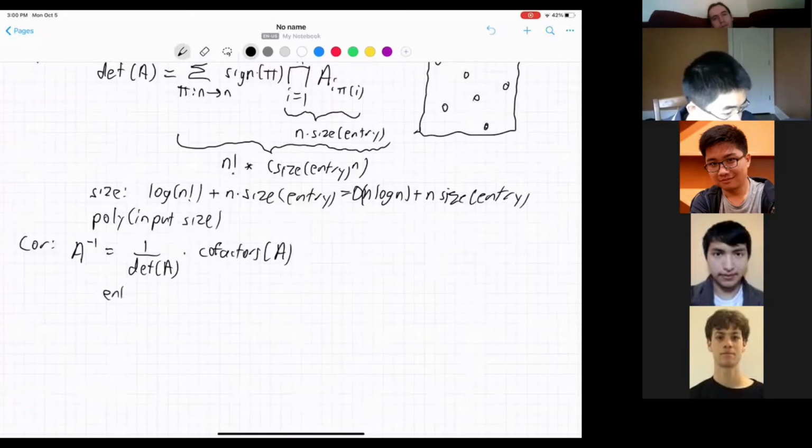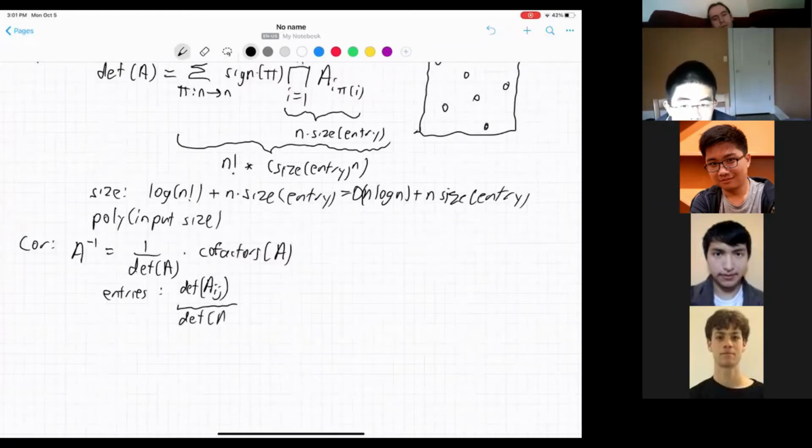Right? In particular, the entries of this matrix have the form determinant of most of the matrix with the i column and j row removed divided by the determinant of the whole matrix, right?